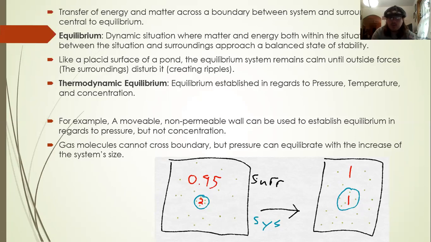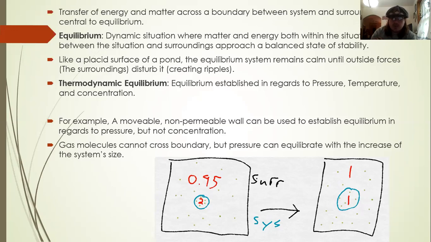So we're going to see essentially no new transfer of matter, no new transfer of energy. So the placid surface of the lake appears not to be moving. Equilibrium remains calm until, say, you drop a stone in that.